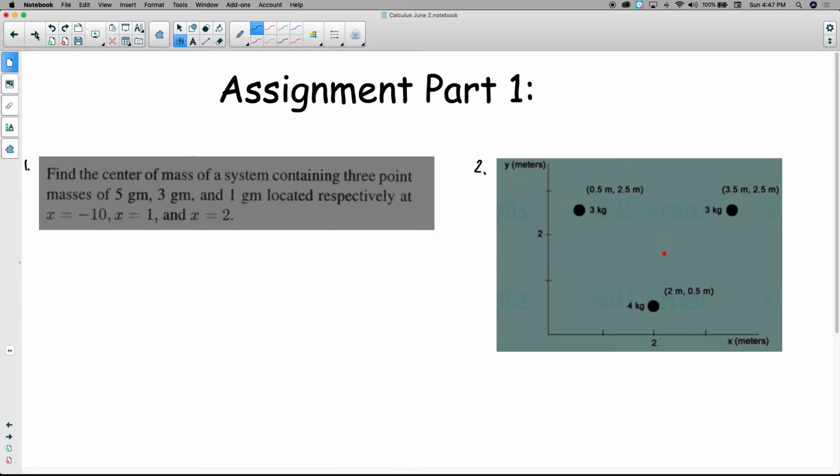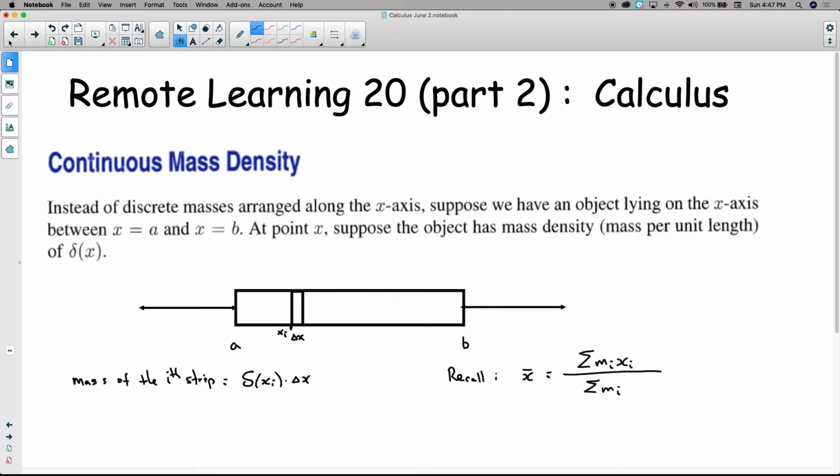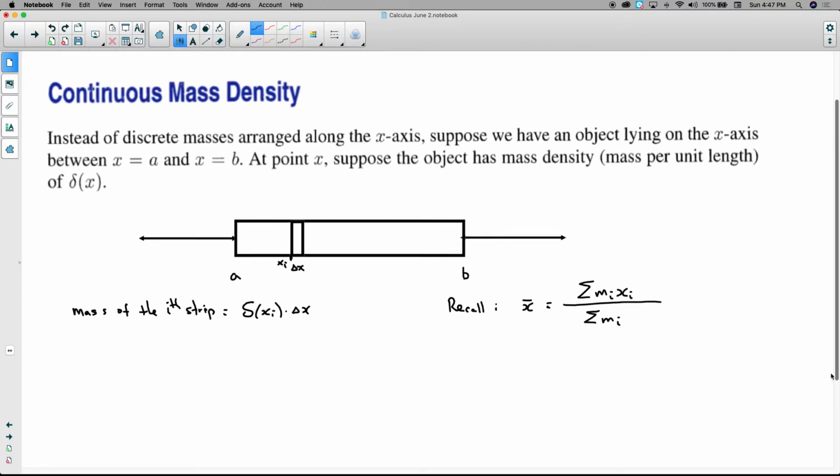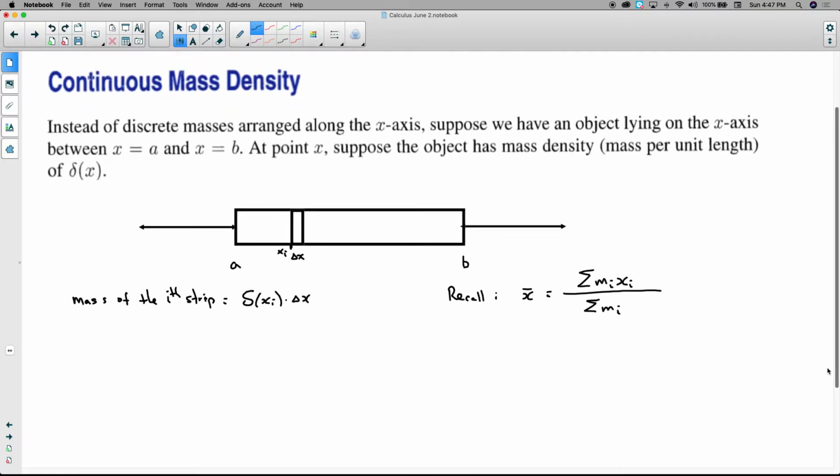All right, so coming back over here, so here it is again. And the next thing to think about is, well, what are the masses? So let's get into here, and that's the mass of the ith strip. But if you want to sum together all of the strips, then you need to think about using the density component.